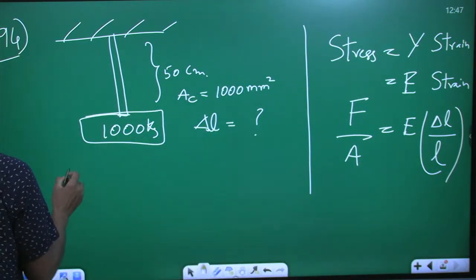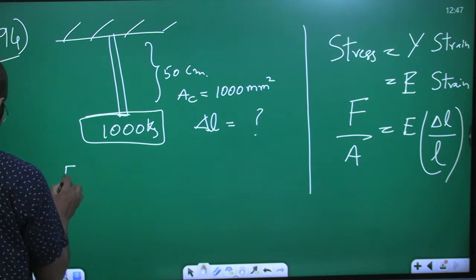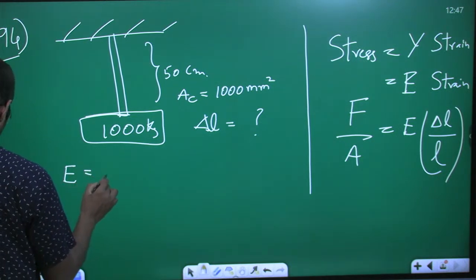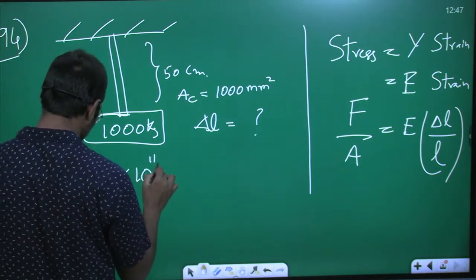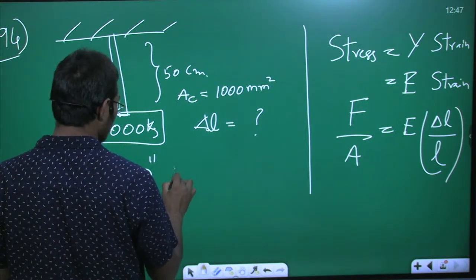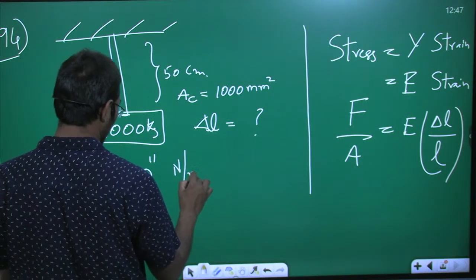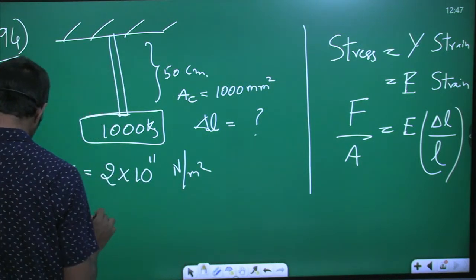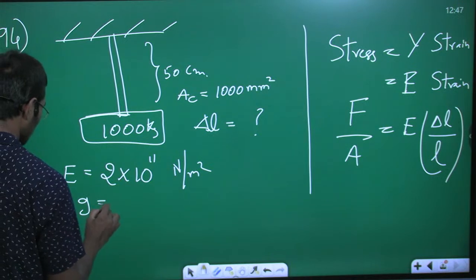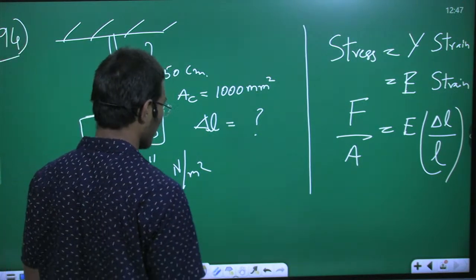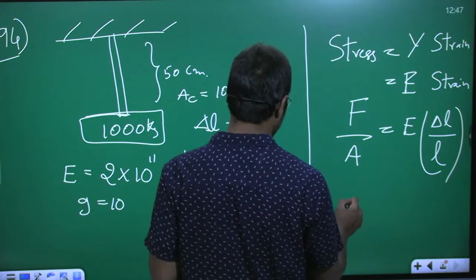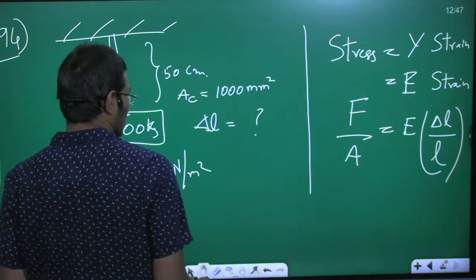So the data that is given is Young's modulus E or Y, whatever you call it, 2 into 10 power 11 Newton per meter square. Acceleration due to gravity g is equal to 10. So we need delta L, right?